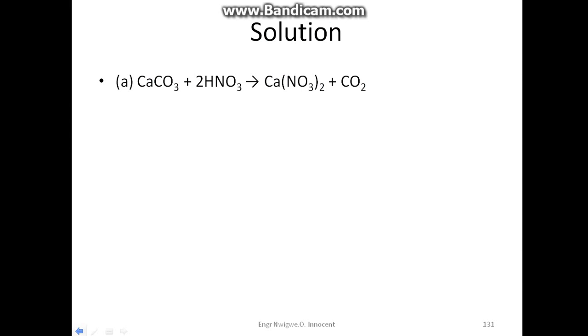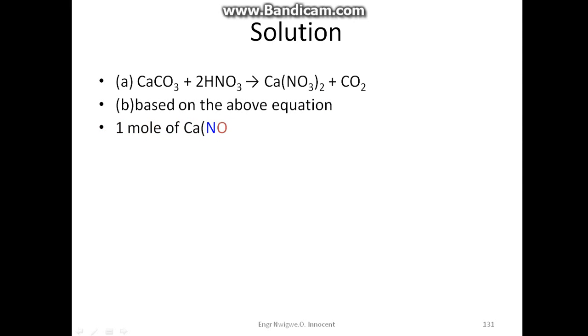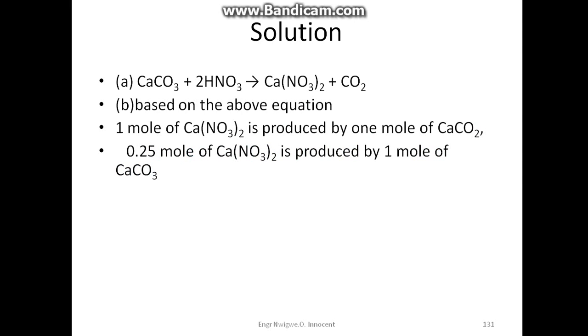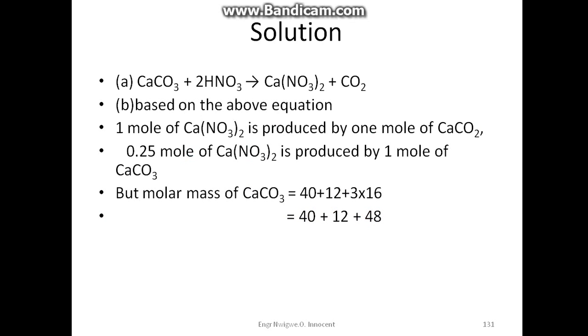So based on the equation above, 1 mole of calcium trioxonitrate(V) is produced by 1 mole of calcium carbonate, that is, 0.25 mole of calcium trioxonitrate is produced by 0.25 mole of calcium trioxocarbonate. The molar mass of calcium trioxocarbonate is equal to 40 plus 12 plus 3 times 16, which is 40 plus 12 plus 48, giving us 100 gram.